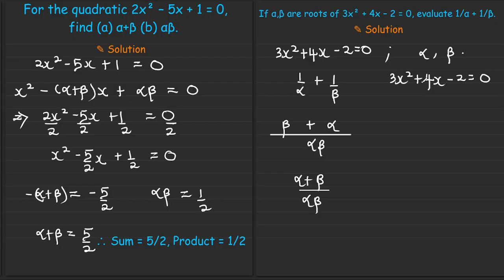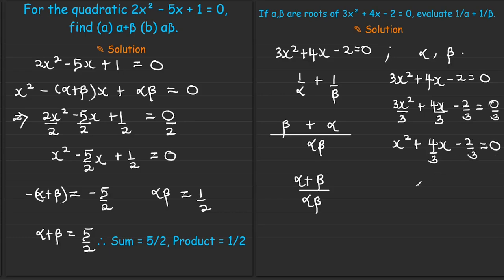So we are going to divide each and every term by 3, so that we have 3x squared divided by 3, plus 4x divided by 3, minus 2 divided by 3 equals 0 divided by 3. So we get x squared plus 4 over 3 x minus 2 over 3 is equal to 0.